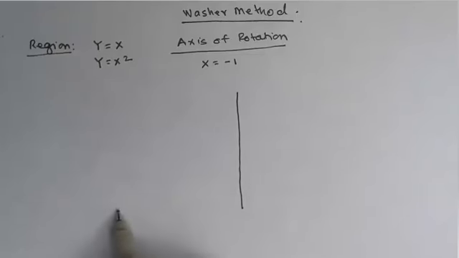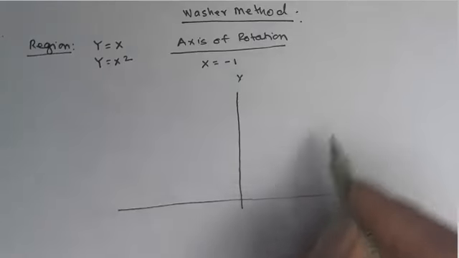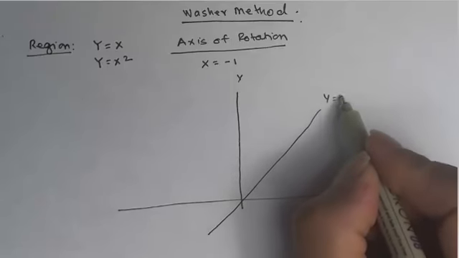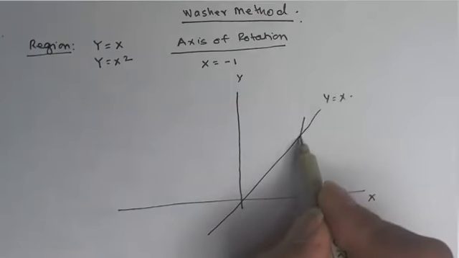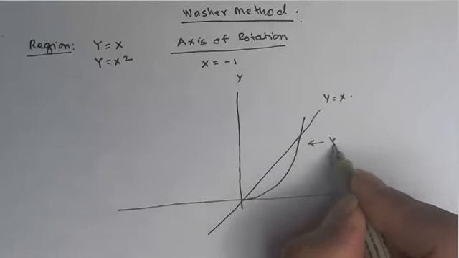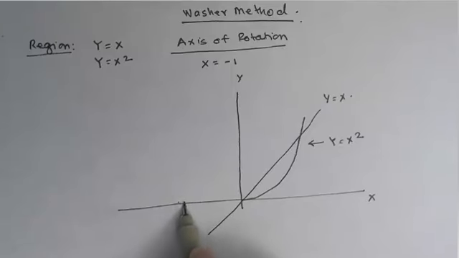Here's the y-axis, x-axis. This is the curve y equal to x. This is y equal to x squared. So that's the region that we have to rotate, and we have to rotate that, say, around x equal to -1. So this is -1.